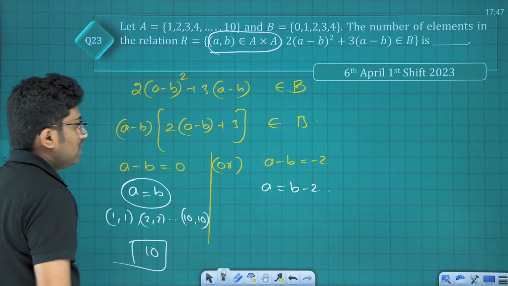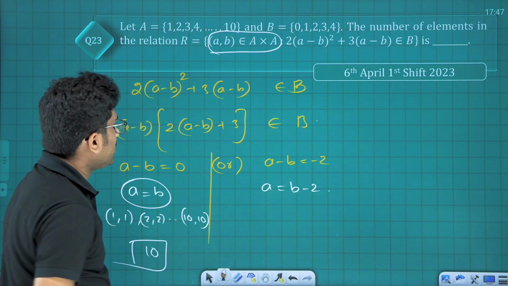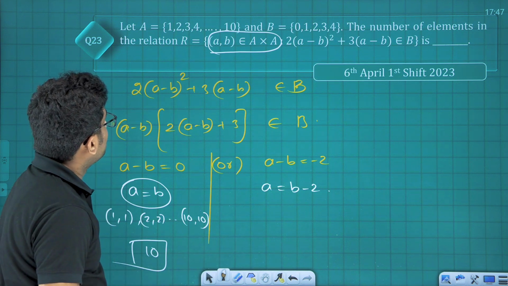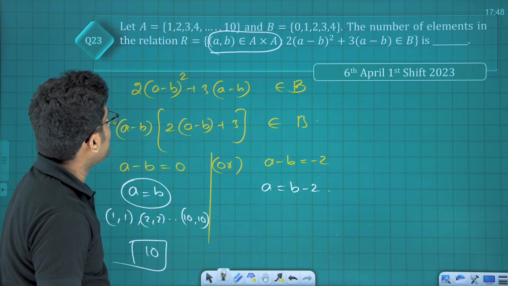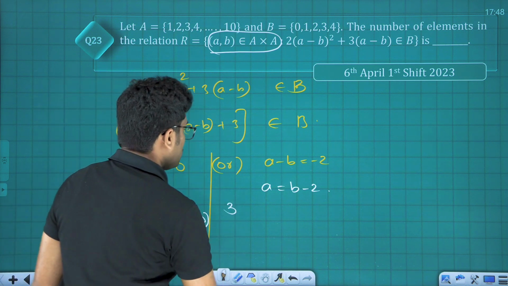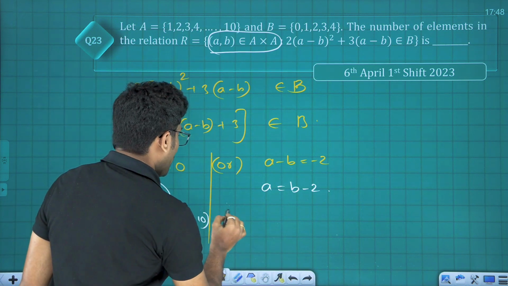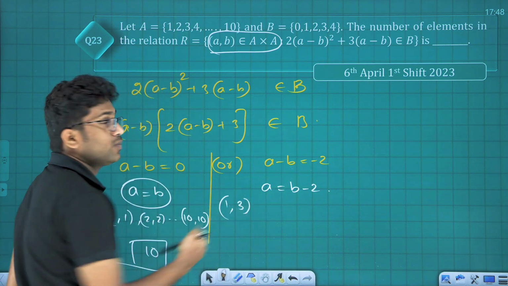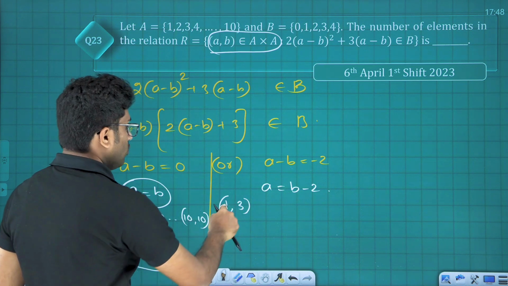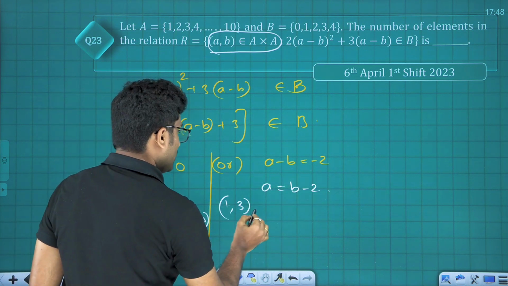Okay. Now a is equal to b minus 2. In that case what do we get? a should be equal to b minus 2. So 1 comma 3: the difference should be equal to 2. 1 is equal to 3 minus 2, in that way.